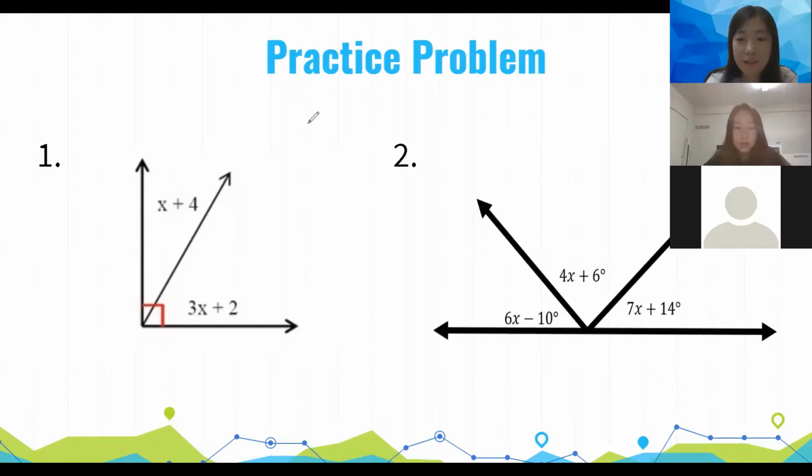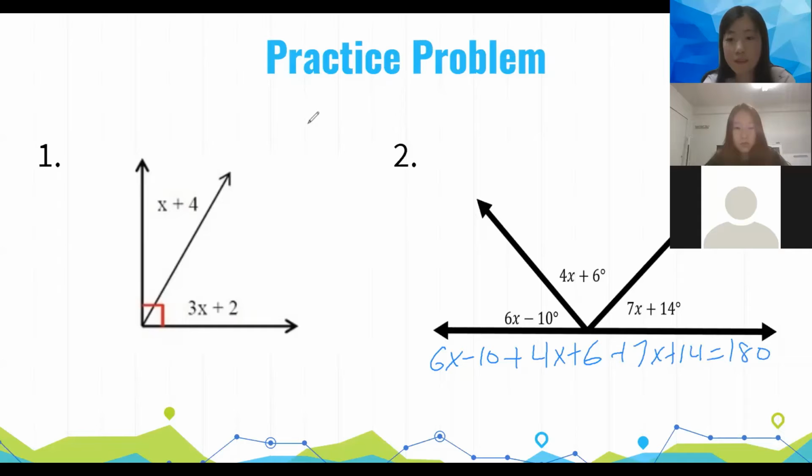Okay. 6x minus 10. Do you put multiplication or addition? Addition, you add it together. Plus 4x plus 6 plus 7x plus 14 equals 180. And then you combine the like terms.